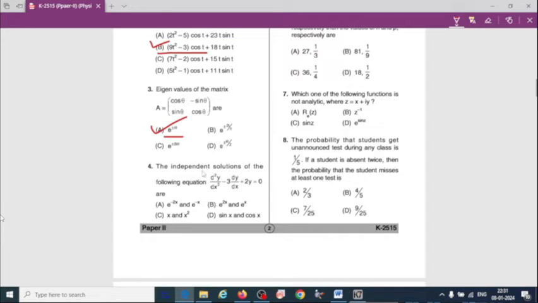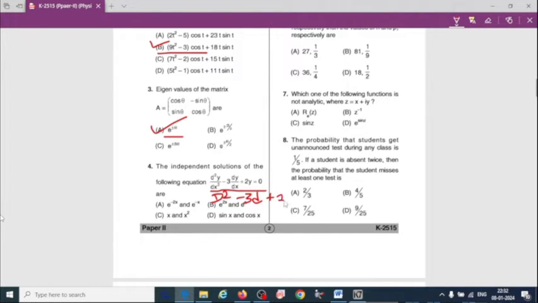So the independent solution of the following equation. So here they have given the second order differential equation. Just you should write down in terms of D square minus 3 into D plus 2.